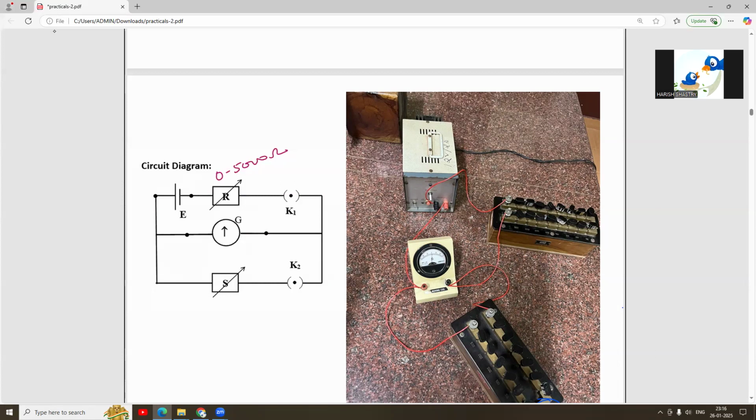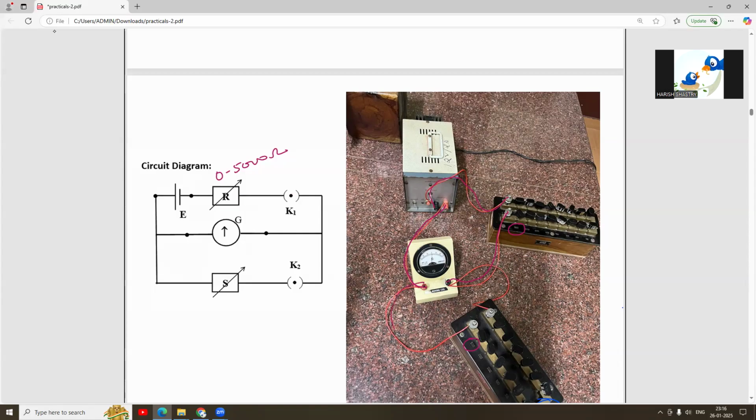So you can check it here. This is the 5000 ohm key here, and this is only the 500 key here. That is 500, this is 5000. So that comes along with the galvanometer and the battery in series. So you can start it from here: galvanometer to resistance box to negative. No keys are connected here.